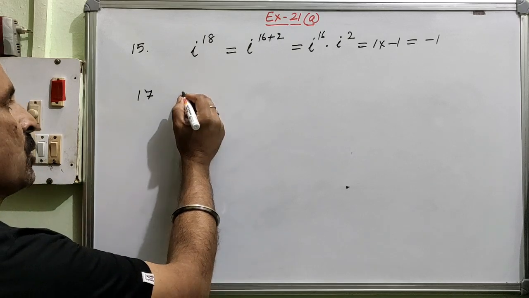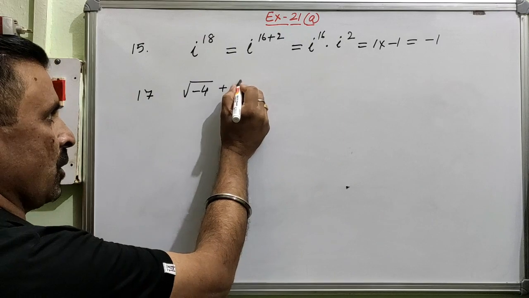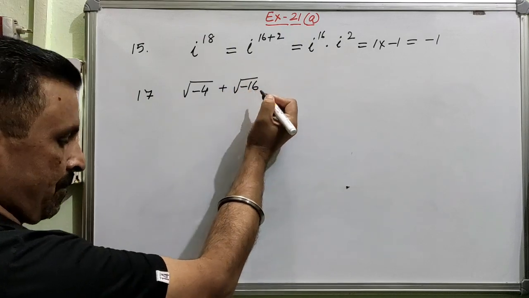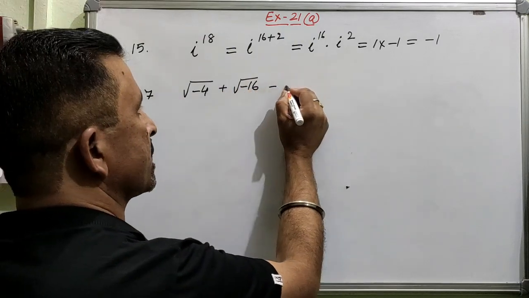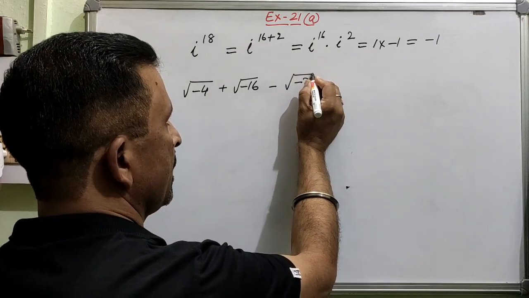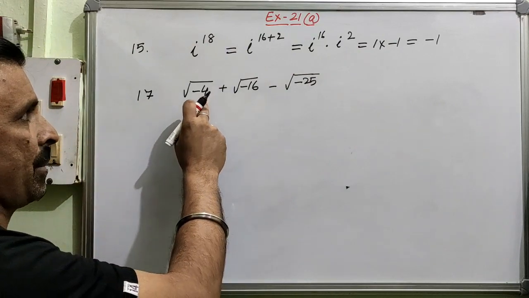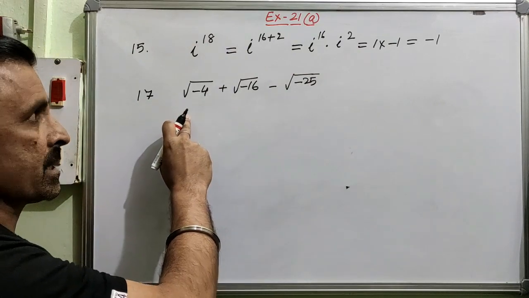Next we will take question number 17. This question is root over negative 4 plus root over negative 16 minus root over negative 25. Now we can see here all the radicands are negative, right? So what we can do is separate the number from the sign.